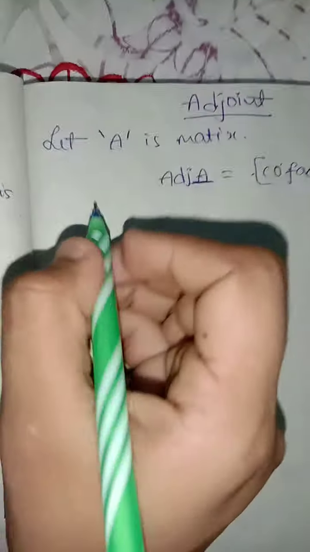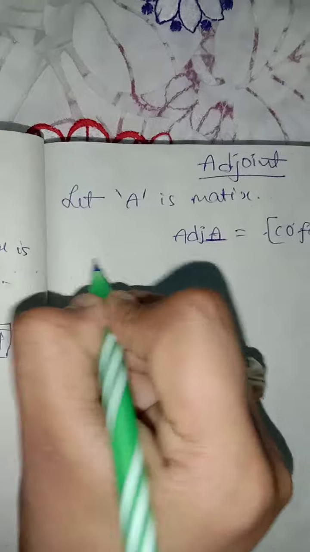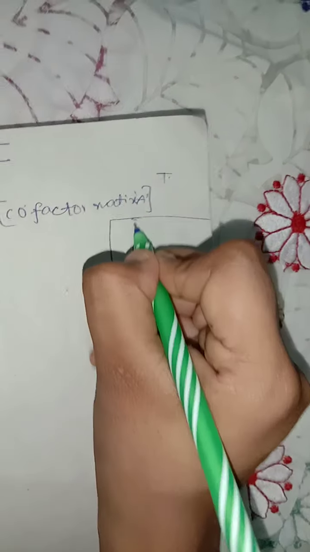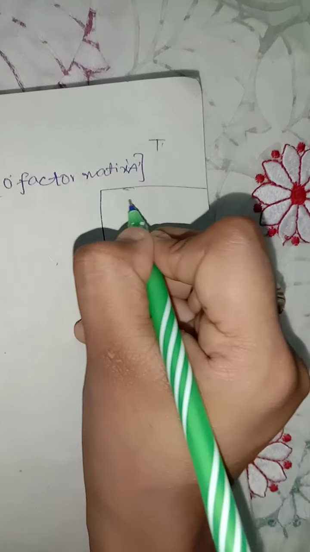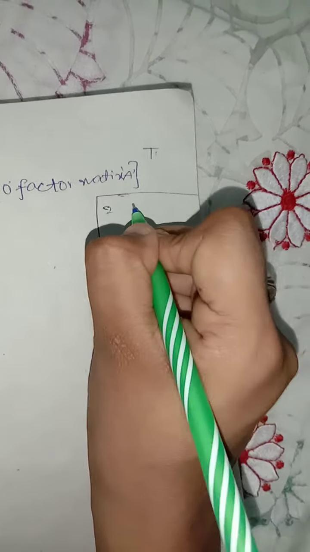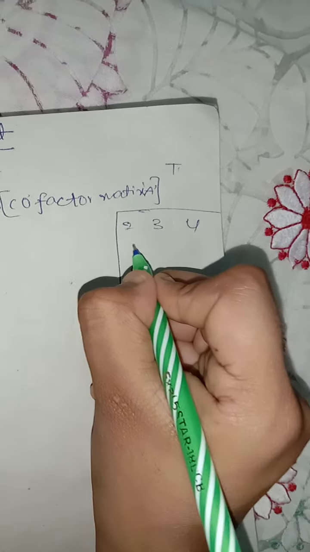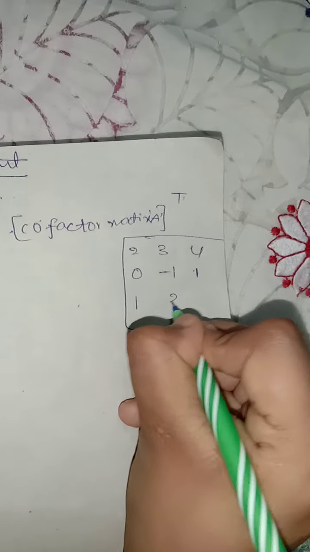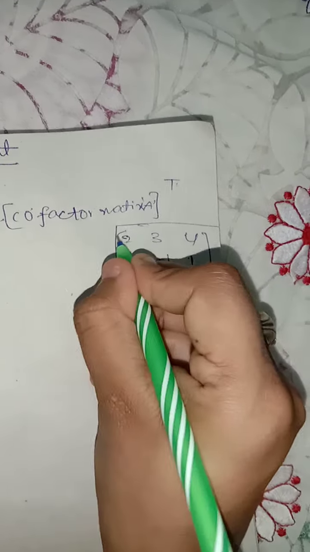Assume, I'm writing rough work, let us consider 2, 3, 4, 0, minus 1, 1, 1, 2, 1. It's a matrix.